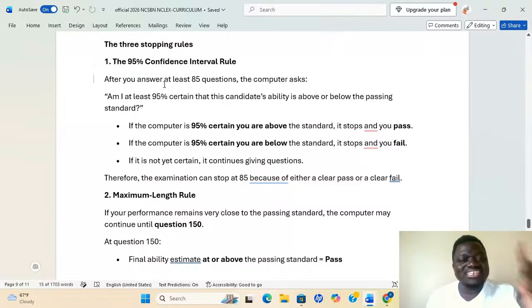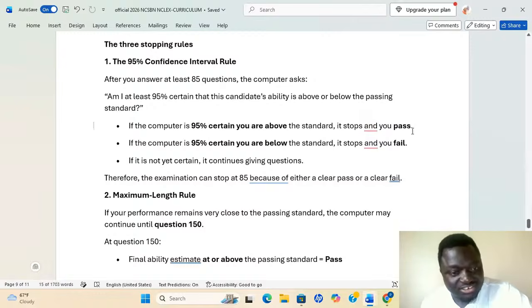After you have answered at least 85 questions, the computer will ask, am I at least 95% certain that this candidate's ability is above or below the passing standard? If the computer is 95% certain that you are above, it will cut and you pass.